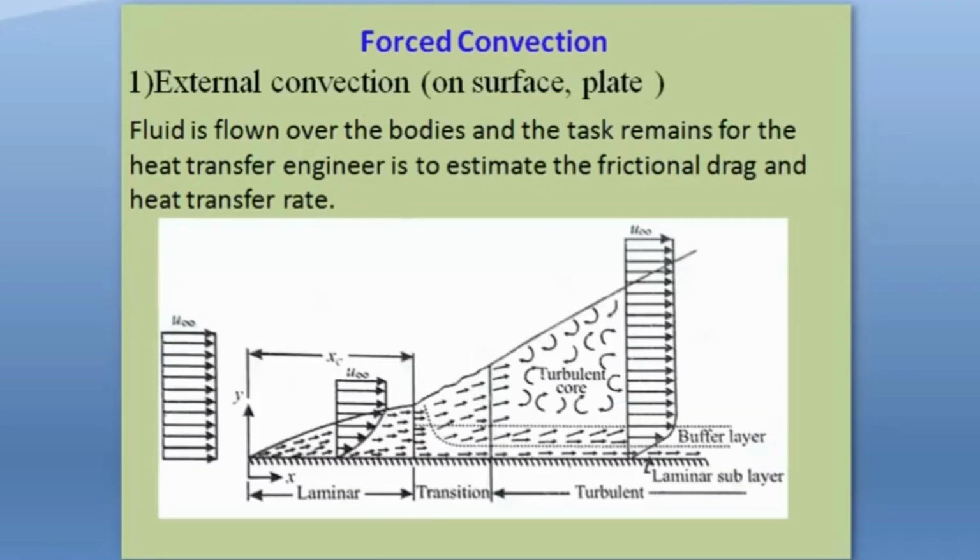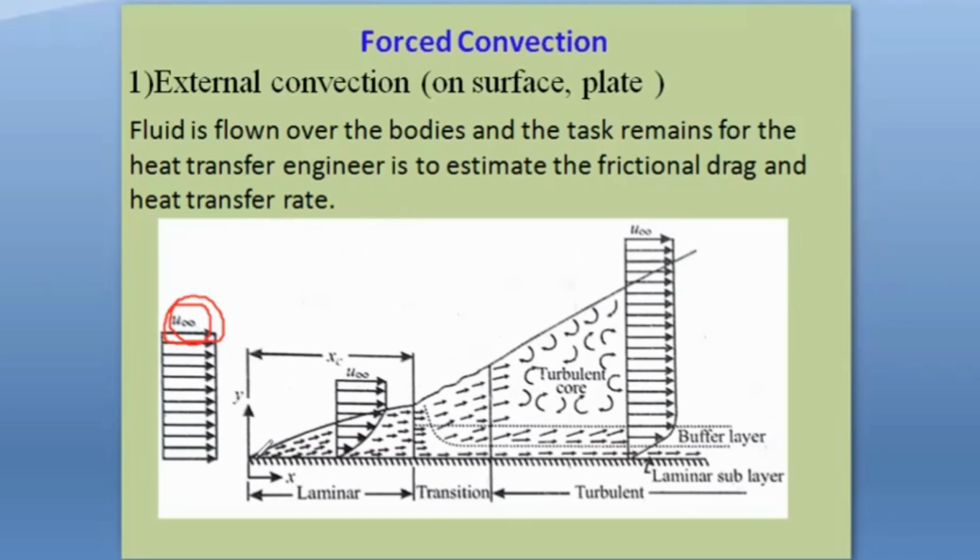Now see the external convection, or external flow. Then we'll see that a boundary layer is formed. Boundary layer means what? It is a gradient. Like, I'll just switch on the marker. Here the free stream velocity is u infinity, but when the fluid touches the boundary, the velocity becomes 0 near the wall. This is called the no slip condition.